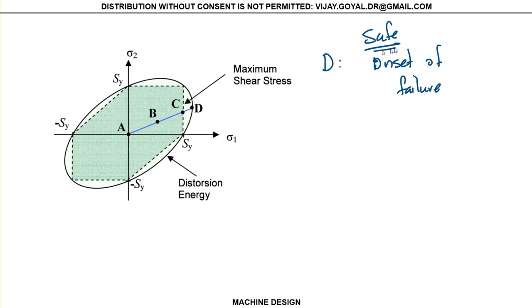It hasn't failed, but it's at onset of failure. It's about to fail. So in this case, your factor of safety will be AD divided by AD, and you can see that it's going to be equal to 1. So if you think about this problem now, which of these two theories is the most conservative one?